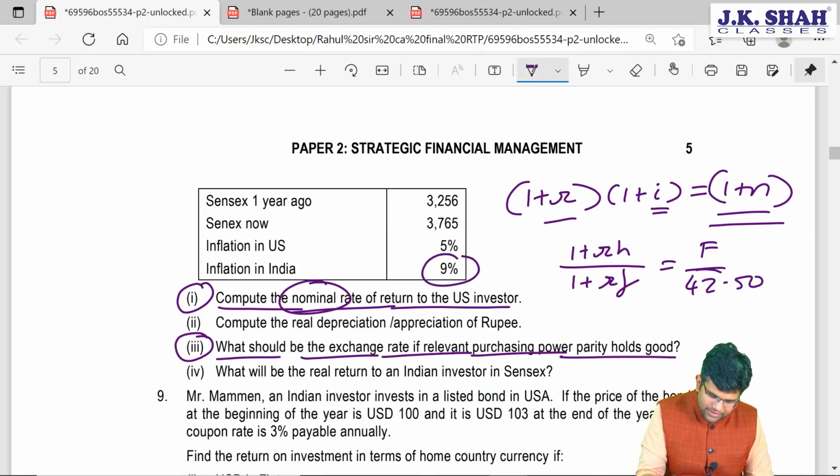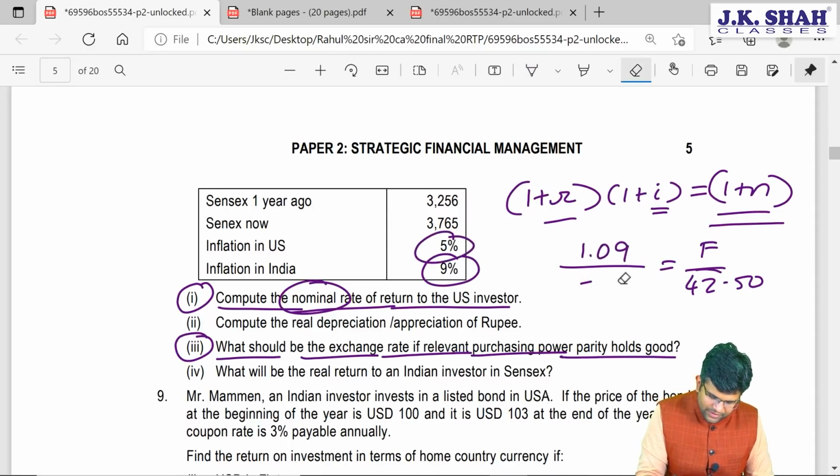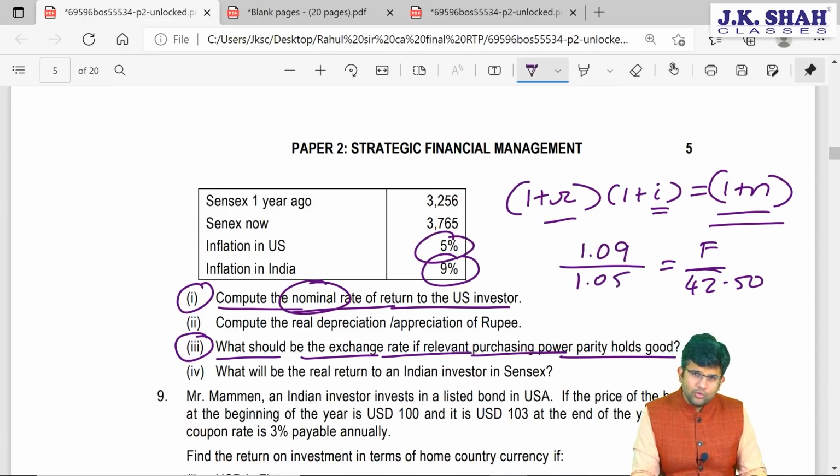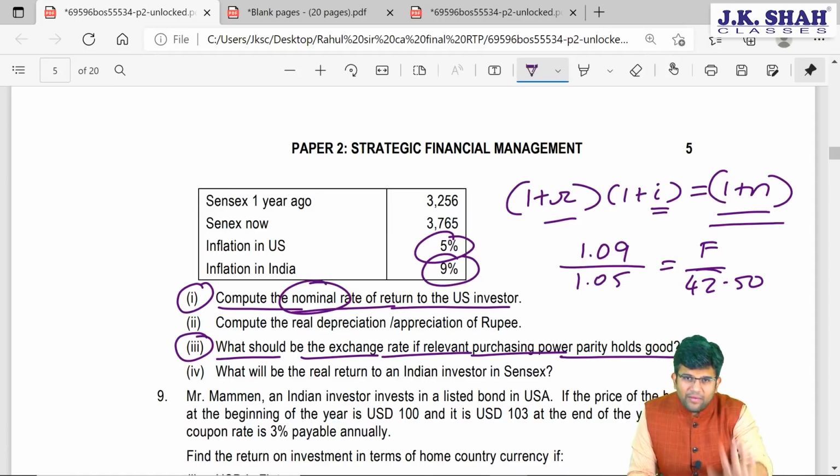It is 9%. So here we will write down 1.09, and for US, that is foreign, it is 5%, that is 1.05. Using this, children, can I say we will be able to find out the theoretical forward rate which should be the rate in 1 year's time, according to PPPT, purchasing power parity theorem.